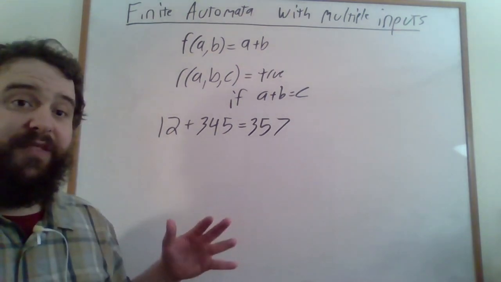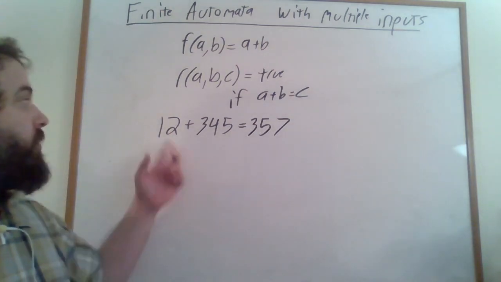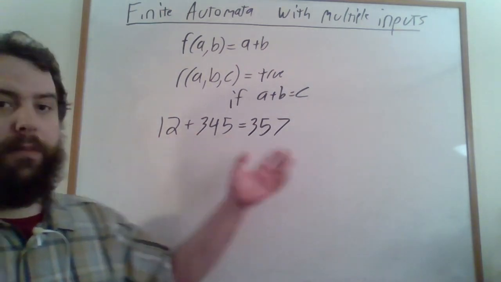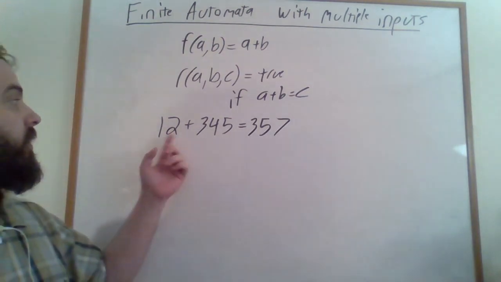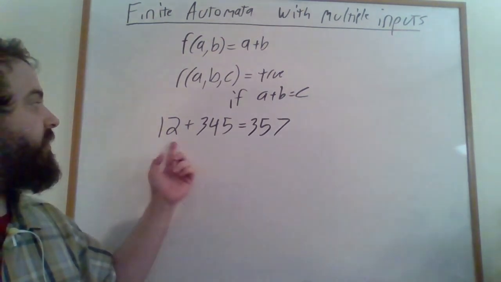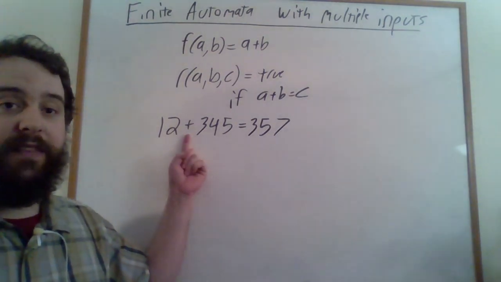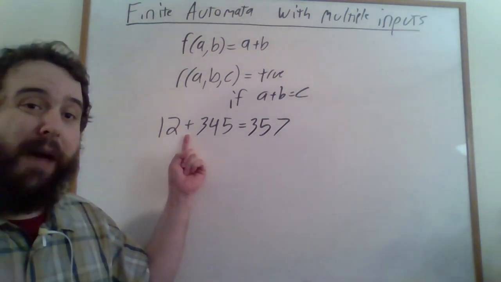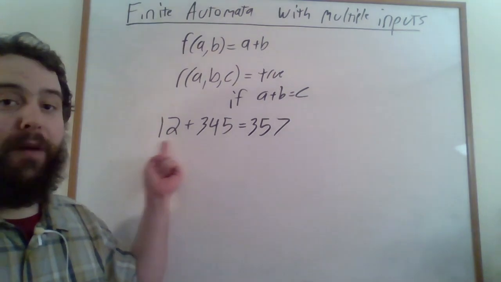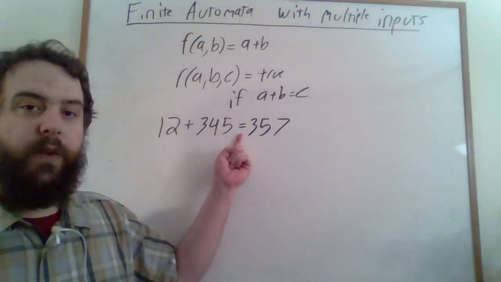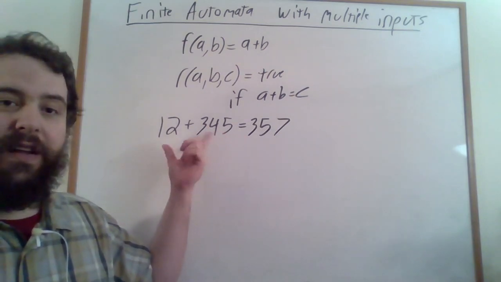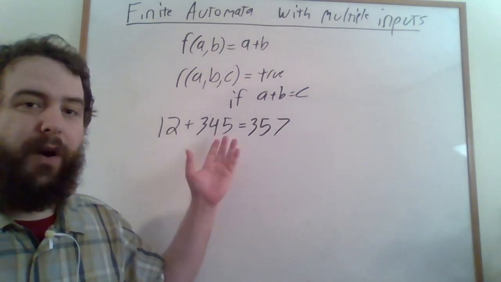That's fine, but to actually do the calculation, we need to store these numbers somehow in memory as we read them in. In particular, once we've finished reading this first input, once we encounter this plus sign here, we need to have in memory this entire number. And when we encounter this equals sign, we can maybe have done our calculations already as we were going through.